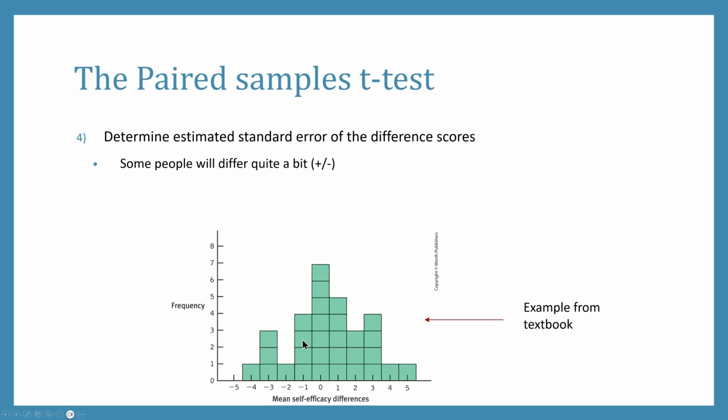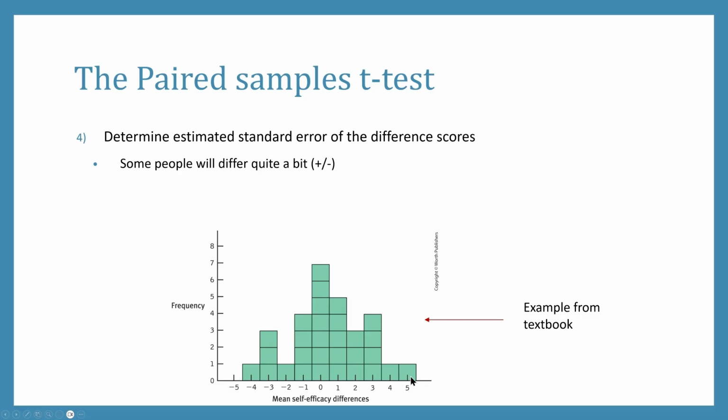So this is a good example. This is from the textbook. So we're kind of deviating from our positive and negative word list example. They used something about self-efficacy, but imagine that this is about the word memory. But basically what we see here is when we look at the different scores, we get a distribution. Some people are going to vary quite a bit.